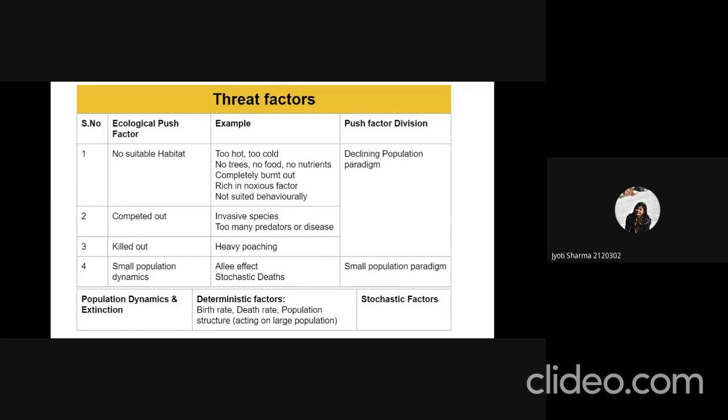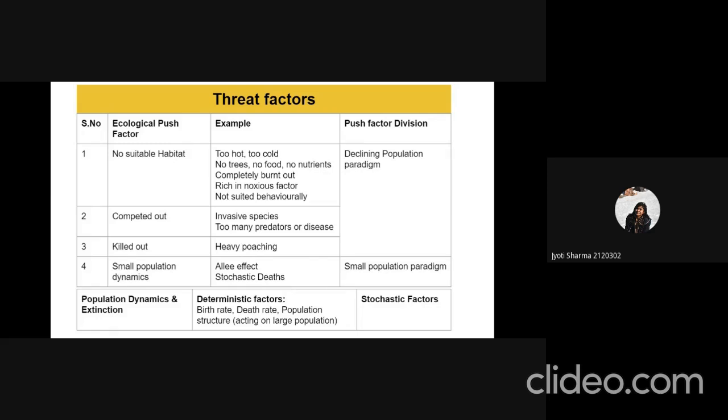Then we have this Allee effect. It means if we have a large number of individuals in a population, then we have some certainty that the species will not go extinct. I will give you one example.